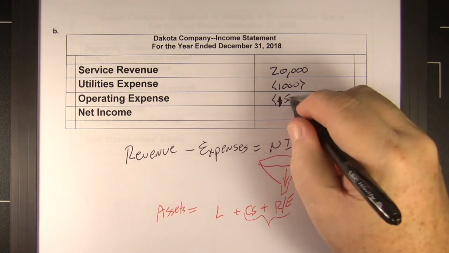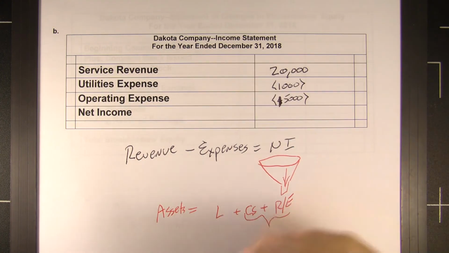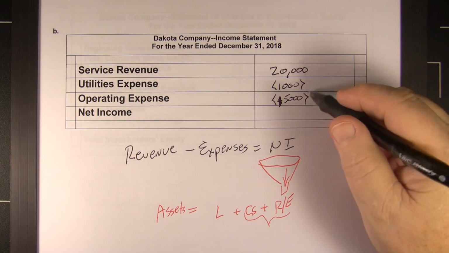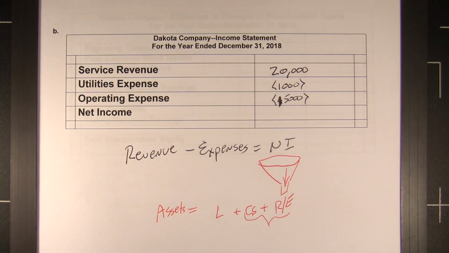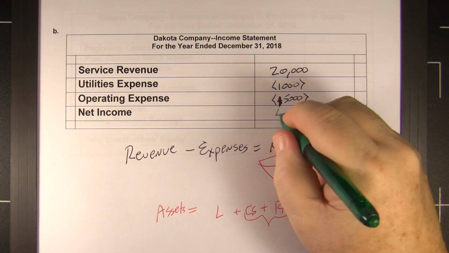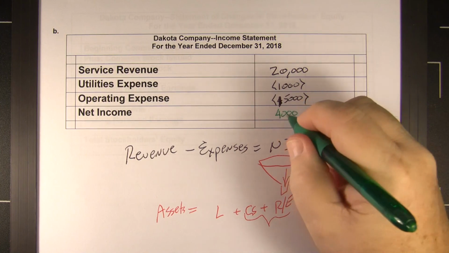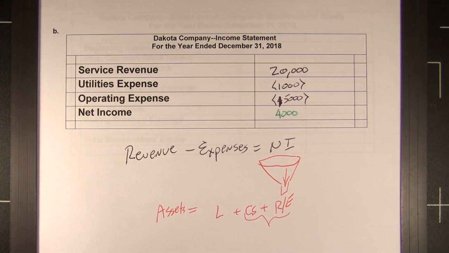Sorry, Woodstock flashback. $15,000. So 20, take away 16, our net income, $4,000. Congratulations, you just did your first income statement. That's our problem 1, part A and part B. Stay tuned for the next parts.